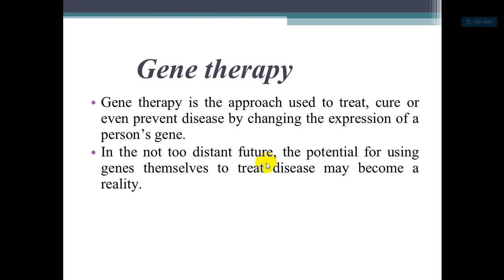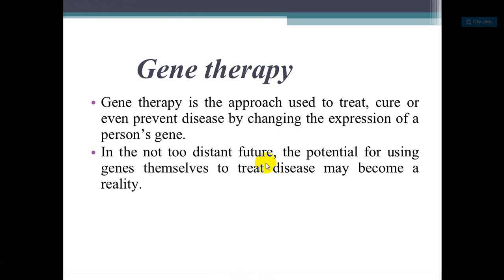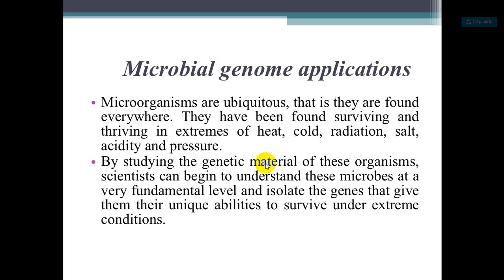In the not too distant future, the potential for using genes themselves to treat disease may become a reality, and it has now become a reality, because different European countries and America are following the techniques of gene therapy.